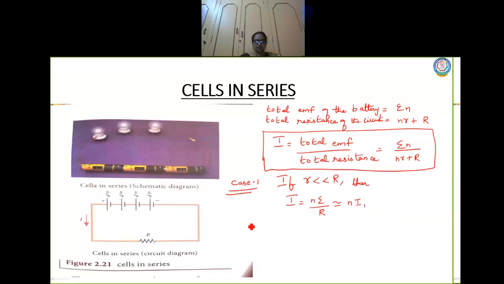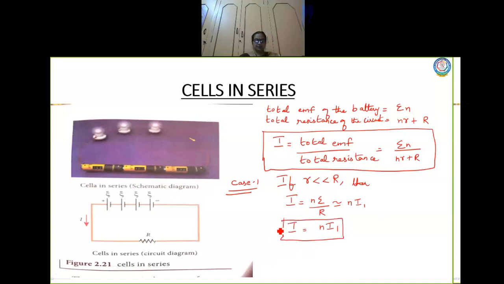So if small r is very, very small when compared to the external resistance capital R, then the current supplied by the battery, that is I, is n times that supplied by a single cell. So this is the conclusion we get from the first case.